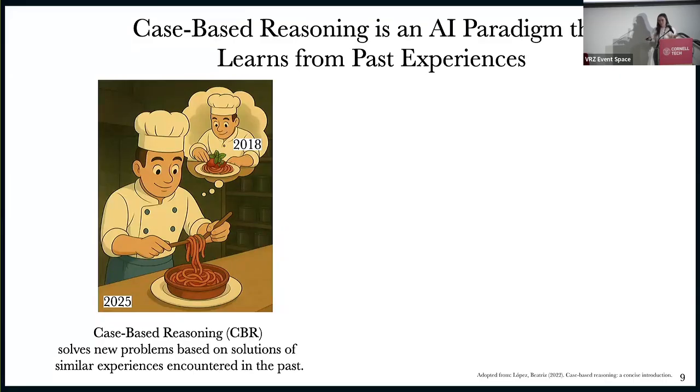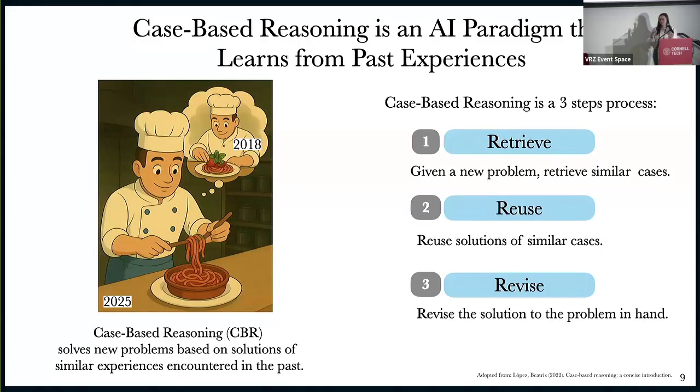For instance, we can think about a chef who is trying to create a pasta dish, but he doesn't really know the recipe. He might need to think about what he has done in the past, think about the ingredients, think about the techniques that have worked for him, and use that knowledge to create the pasta that he wants. In the same way, case-based reasoning tries to use similar experiences that worked in the past and use that knowledge for a problem that it's trying to solve.